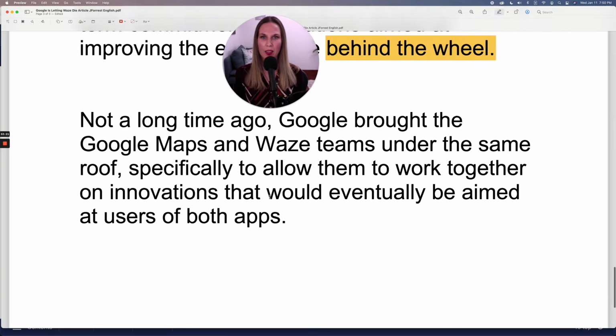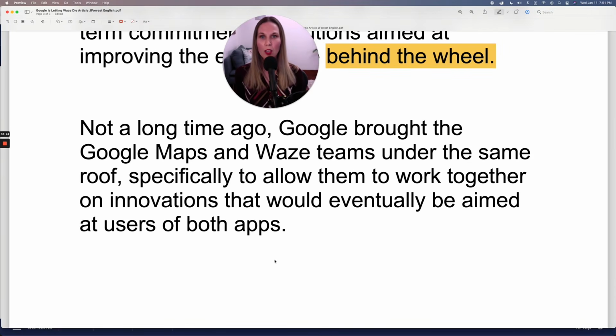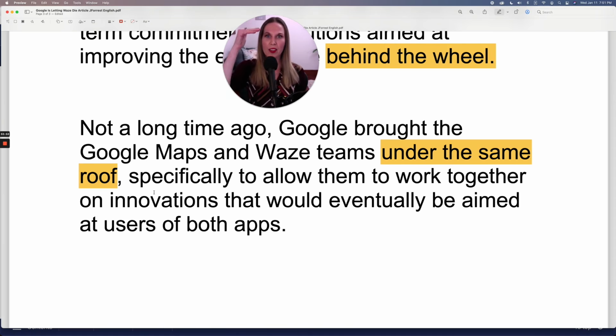All right, and our final paragraph. Not a long time ago, Google brought the Google Maps and Waze teams under the same roof, specifically to allow them to work together on innovations that would eventually be aimed at users of both apps. Okay, so under the same roof, well, above me is a ceiling, but then on top of the ceiling, on the exterior, that's the roof of my house, right?